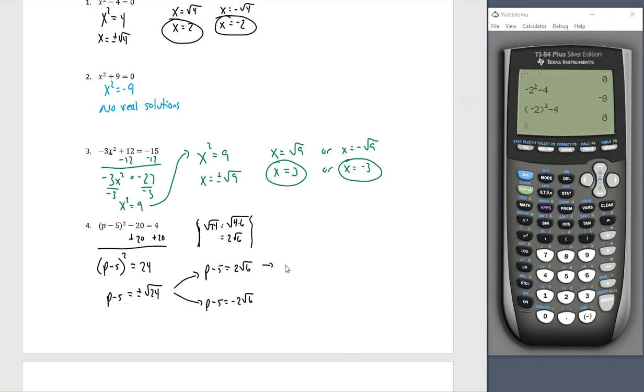When I add 5 to both sides, I'll end up with 5 plus 2 square root of 6, and add 5 again, I'll have 5 minus 2 square root of 6. This whole idea of solutions being positive one thing and negative the other, this form, we'll see that a lot, and I'll talk about why that is in a later video.